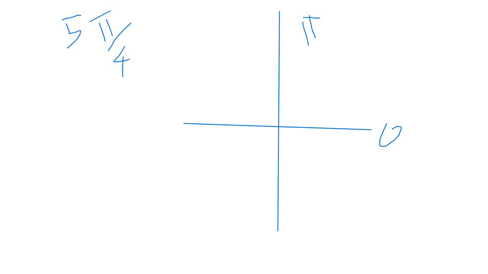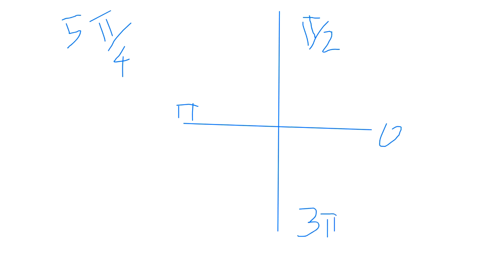So how do we find the reference angle? We draw our CAST. This time we are working in radians. So here will be 0, here will be pi over 2, that is 90 degrees. Here will be pi, 180 degrees. Here will be 3 pi over 2, 270 degrees.